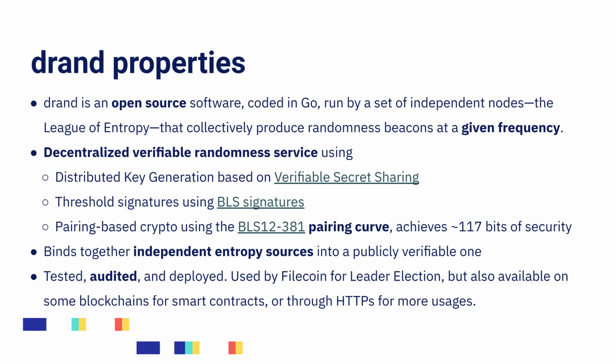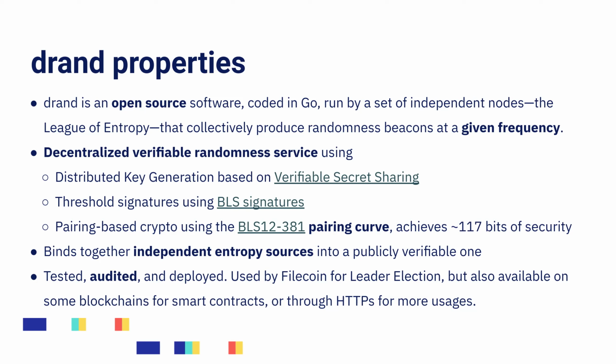And drand actually binds together different entropy sources. For example, Cloudflare used their lava lamp wall to instantiate their key share during the initial DKG. Kudelski Security used their own in-house ChaCha-based PRNG. University of Chile was using the seismic data from Chile as an entropy source.